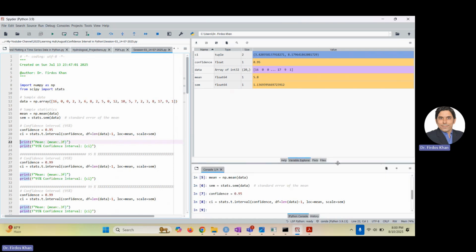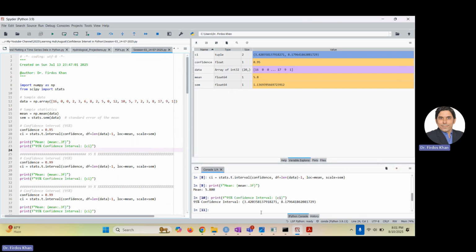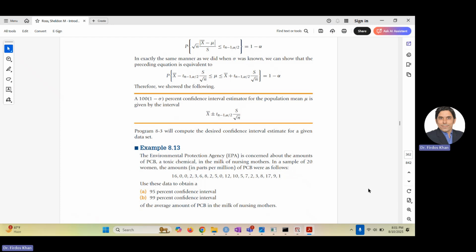Now you can print the results by using this. That will print the mean value, which is 5.80, and the 95% confidence interval. The 95% confidence interval is 3.42, the lower limit, and 8.18. Now let's see this in the example.